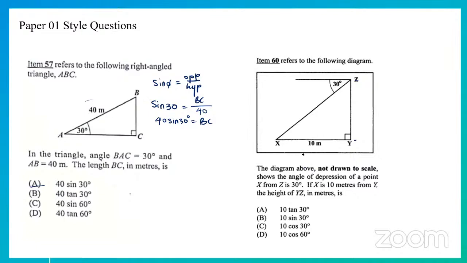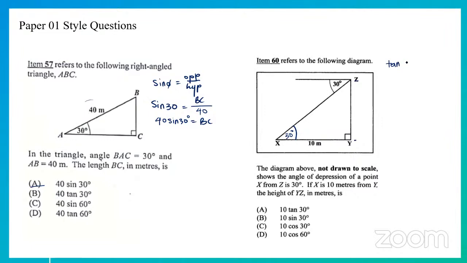So there are two ways that you can look at this. This angle is equal to this angle here, because it is on the same line, so when it forms a Z shape like that, the angles that are in those corners are the same. So this is going to be 30 degrees as well. You can look at it as opposite over adjacent, and that would be tan.